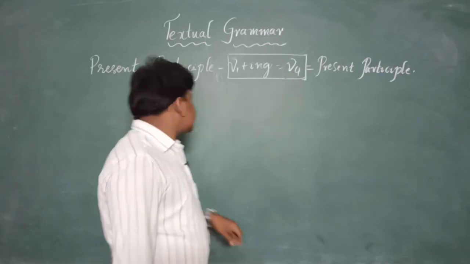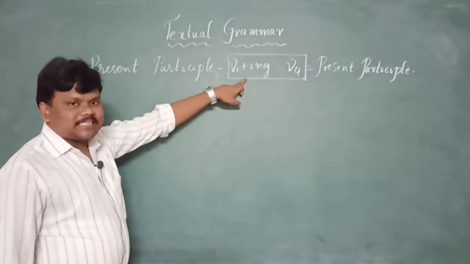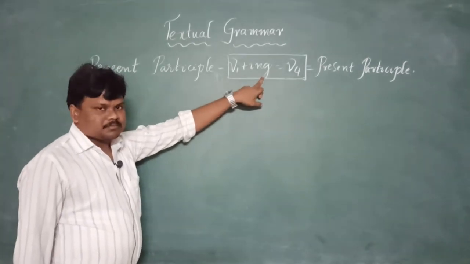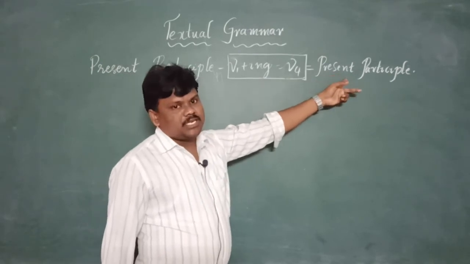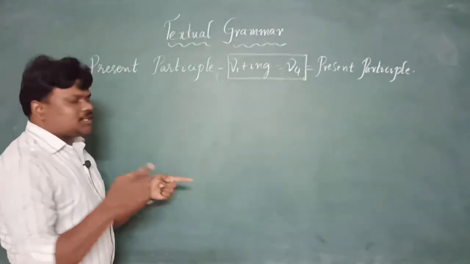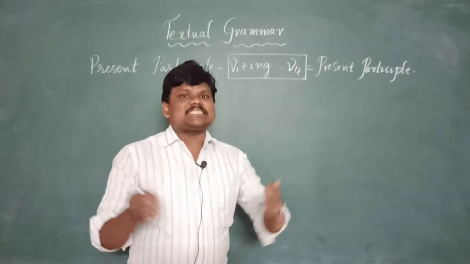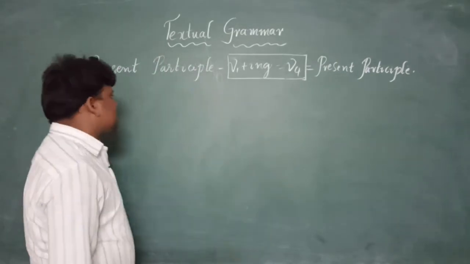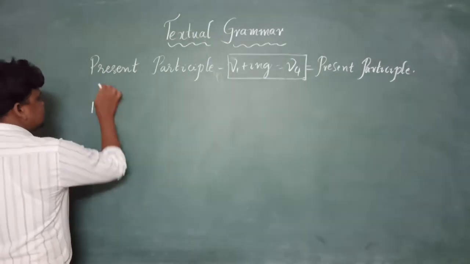Present participle is nothing but V1 plus ing, and if we get V4, it is nothing but a present participle. Let me check how we need to combine two sentences with present participle if the first sentence has a main verb, which I explained last time.